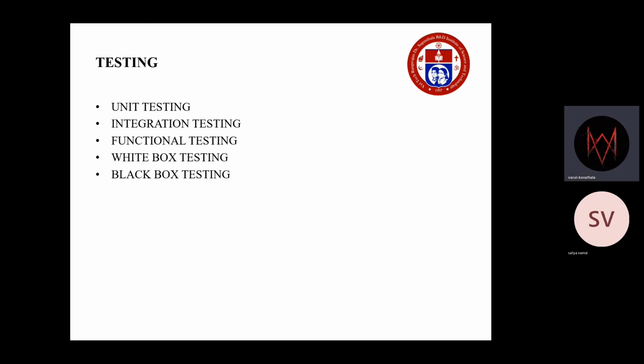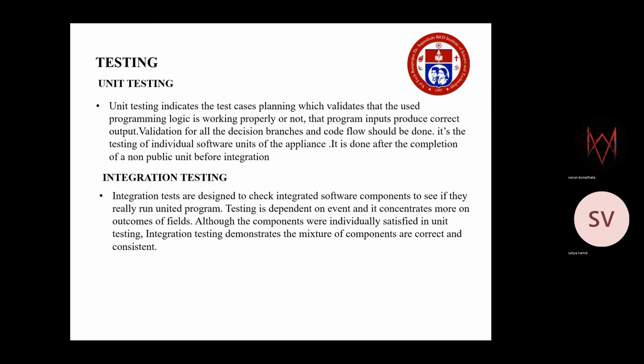Testing. First, we will know about unit testing. Unit testing indicates the test cases planned, which validate that the programming logic used is working properly or not. We will check whether the program input produces the correct output or not, and whether the results are valid, in unit testing.